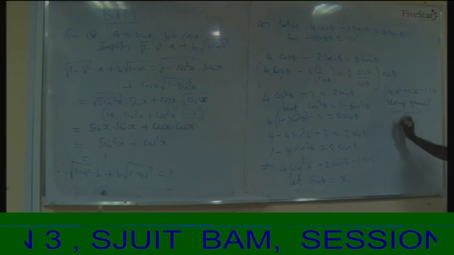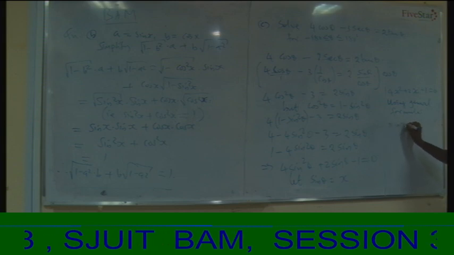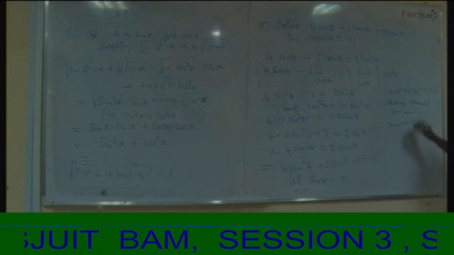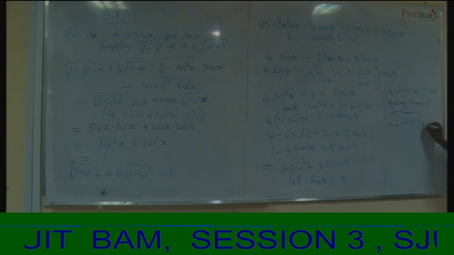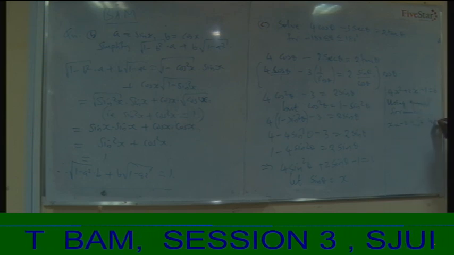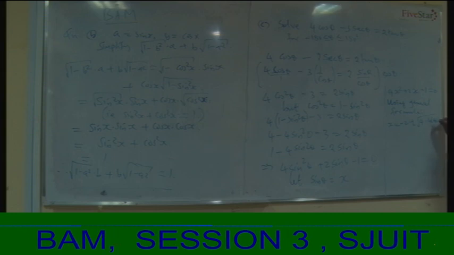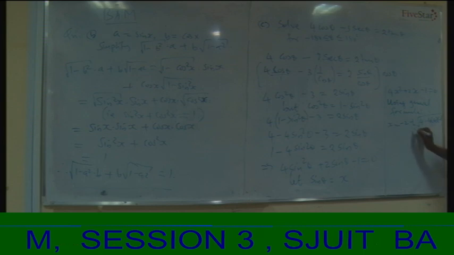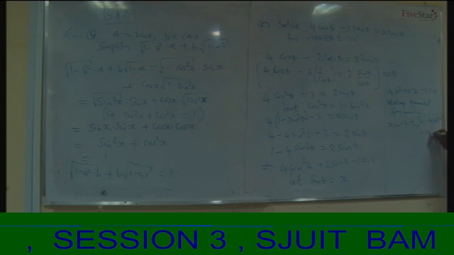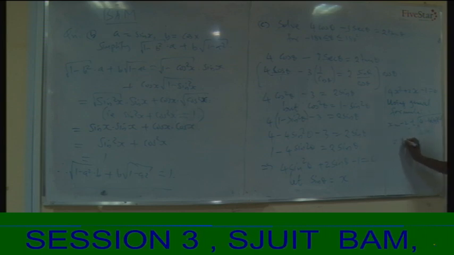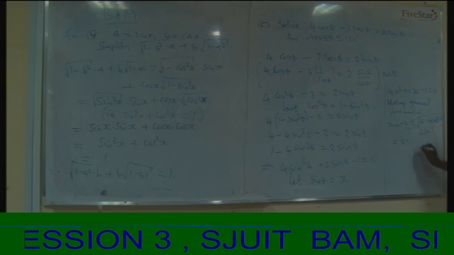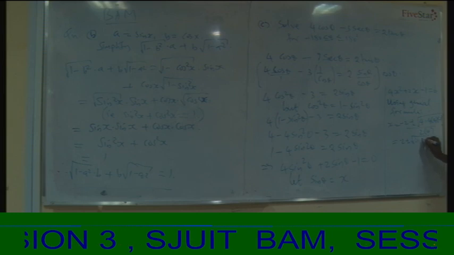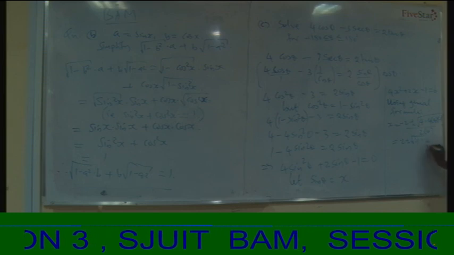The general formula is x equals negative b, b here is 2, so negative 2 plus or minus the square root of b squared, which is 4, minus 4 times a, which is 4, times c, which is negative 1, that is 4ac, divided by 2a, a is 4. And this is now equal to negative 2 plus or minus square root of 4 plus 16, divided by 8.